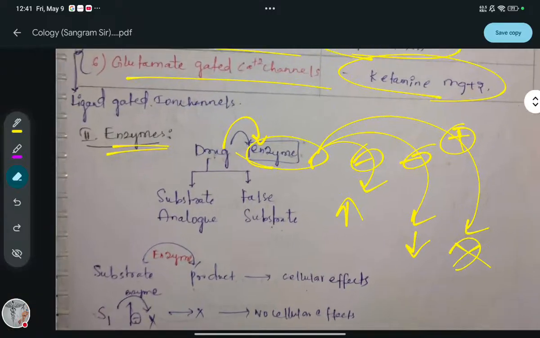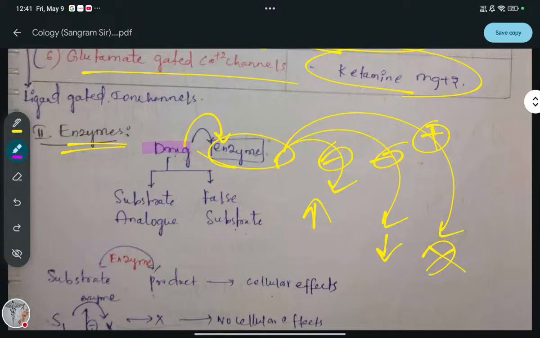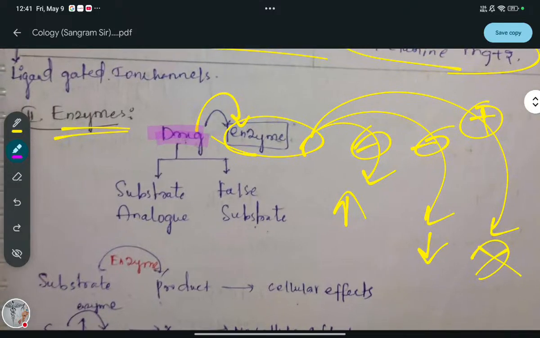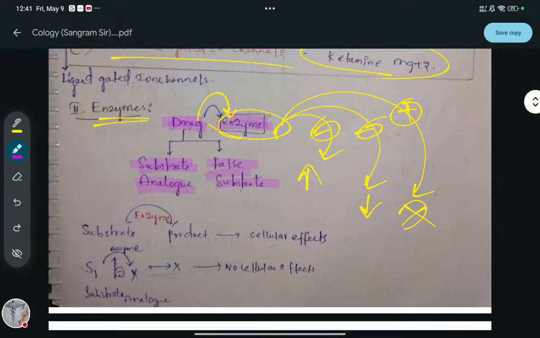See, when the drug binds to the enzyme, the drug can be a substrate analog or a false substrate. When they are a substrate analog, they will show their action. When they are a false substrate, they will decrease or inhibit the action.